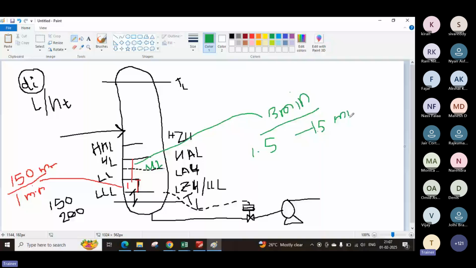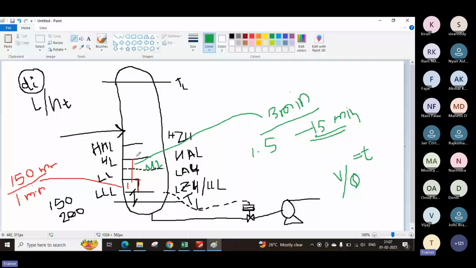So what we do, we assume some liquid levels, we find the volume, and we know the volumetric flow rate. So the volume divided by volumetric flow rate will give you the time. Okay, so you have to see how much is the residence time between these two stages.